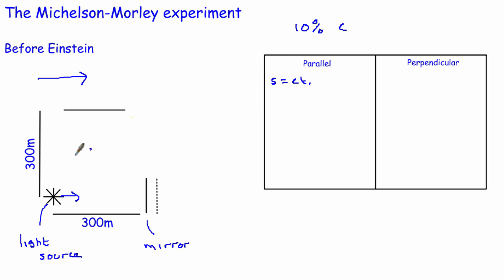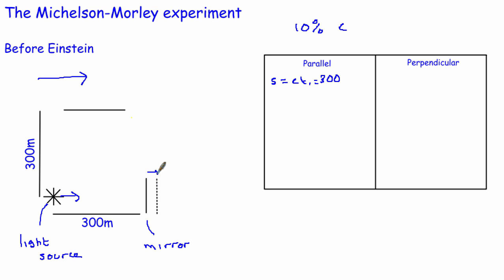Okay, but if you think about it, the light's given out, and as the light takes a certain amount of time to travel to the mirror, the mirror's going to move as well. And the mirror's moving at 10% the speed of light, because the mirror's on the Earth, and the Earth is moving at 10% the speed of light. So we can actually say that the distance the light travels is equal to the 300 meters it travels here, because it's got to travel 300 meters to get to the mirror, but then the mirror's moved a little bit.